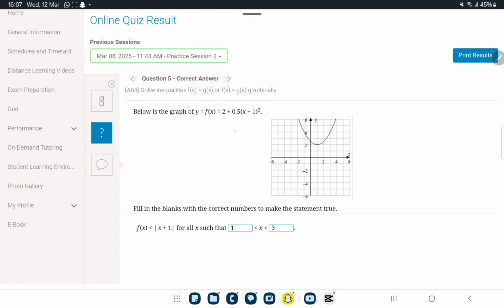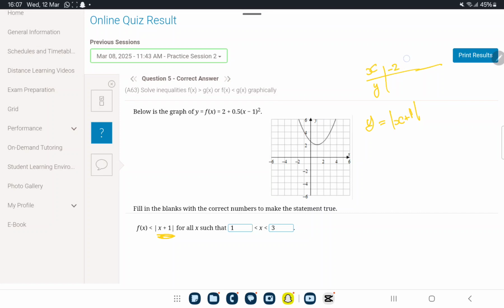Here they gave you one of the functions, and they want us to graph this other function first. They don't want us to graph it, but you have to graph it first. So y equals absolute value of x plus 1. First you get some values for it. For example, you do a table of values. You only need 3, 3 or 4 is enough.